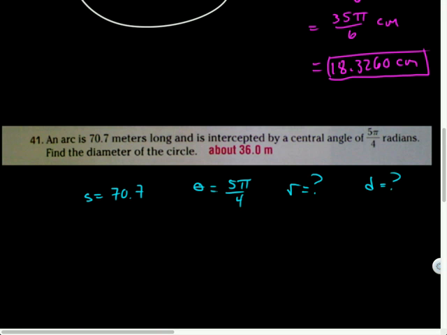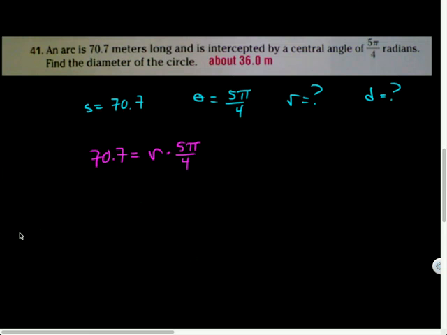So the formula is S equals r times theta. So I'm going to do 70.7 equals r, which is still unknown to me, times 5 pi over 4. So to solve for r, what do I do? Divide by 5 pi over 4.